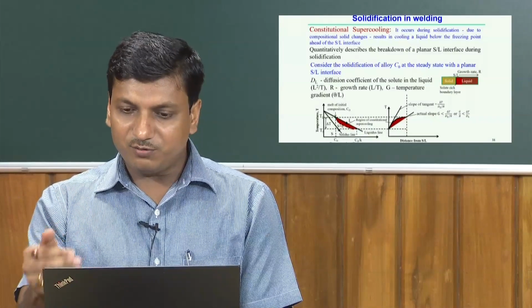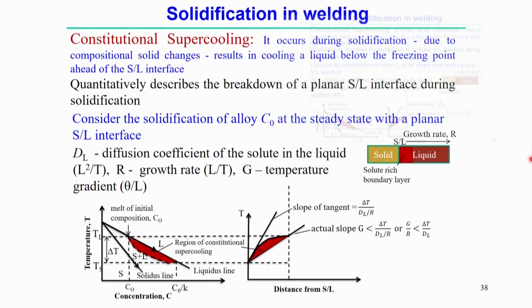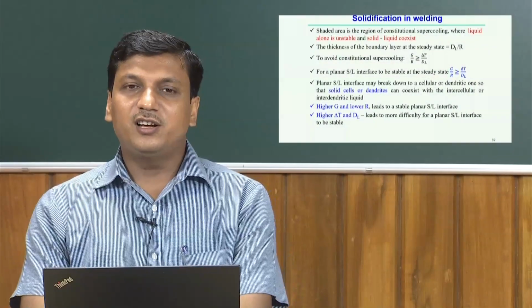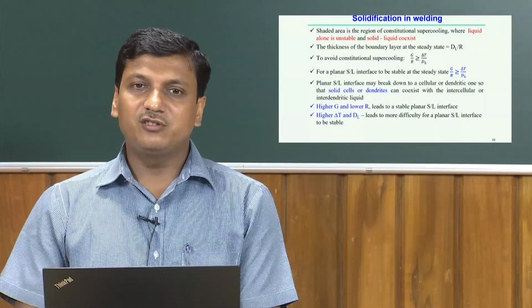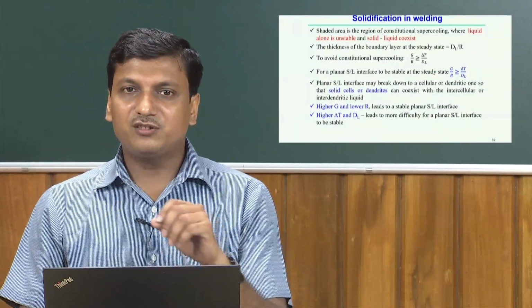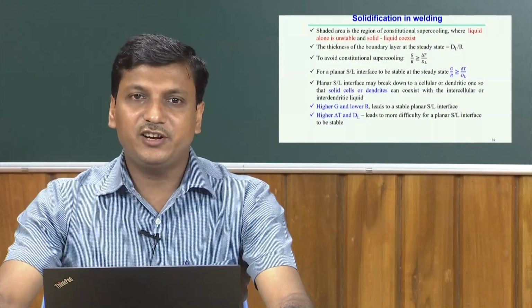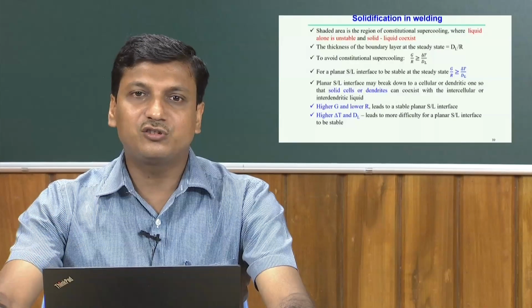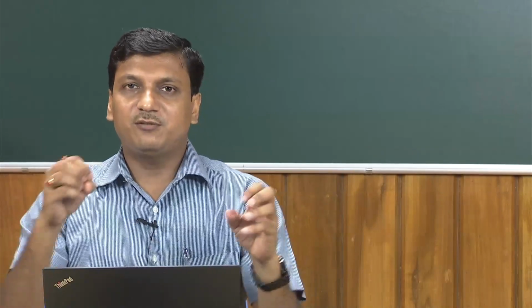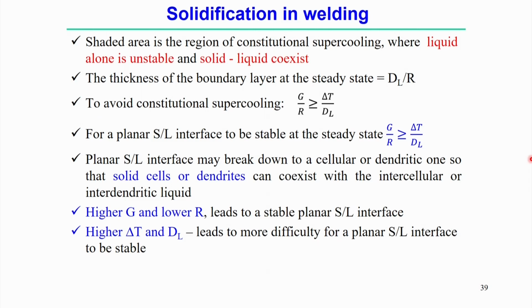Now we will further look into other conditions, or try to explain physically what the mathematical condition for constitutional supercooling is and how it can be linked with the solidification behavior during the welding process. First, of course, the shaded area represents the constitutional supercooling, therefore that region consisting of liquid alone is unstable.